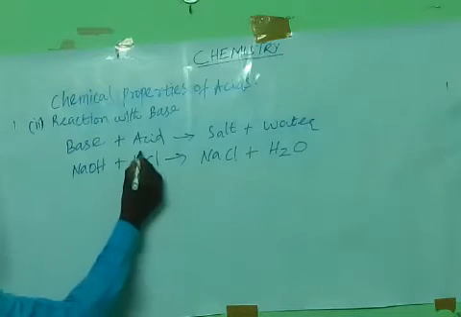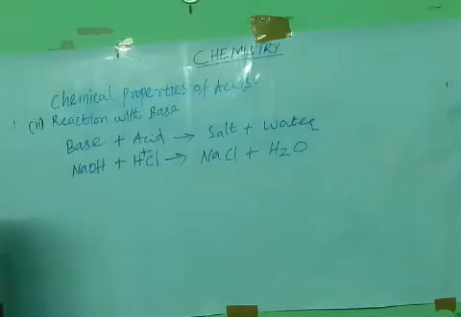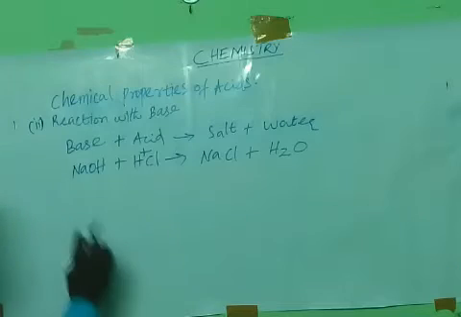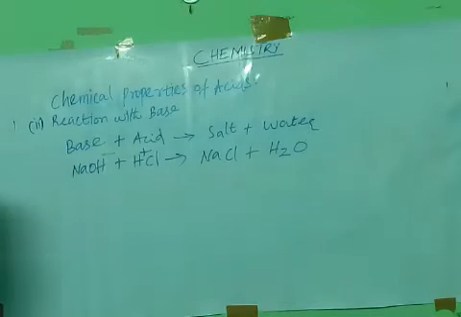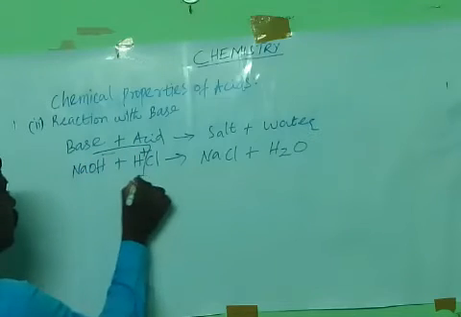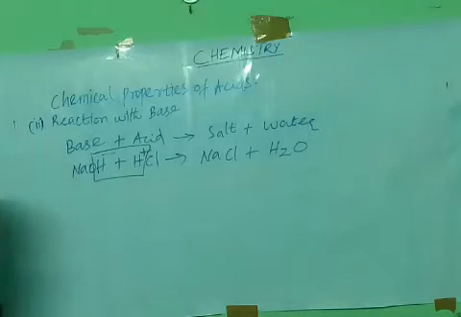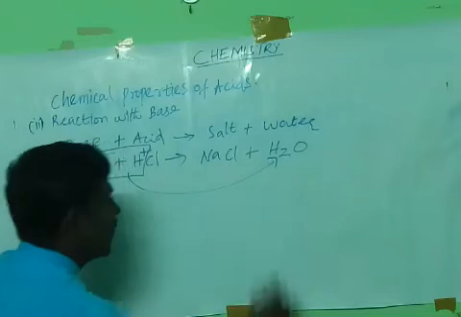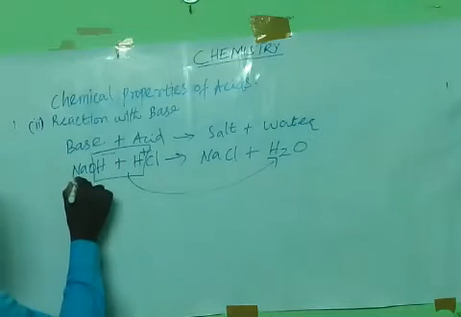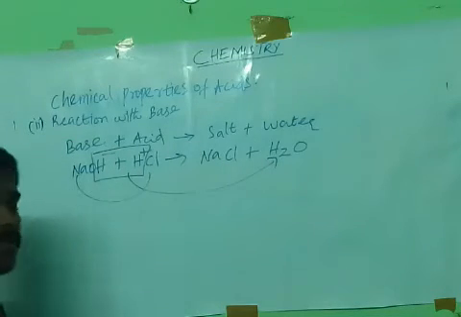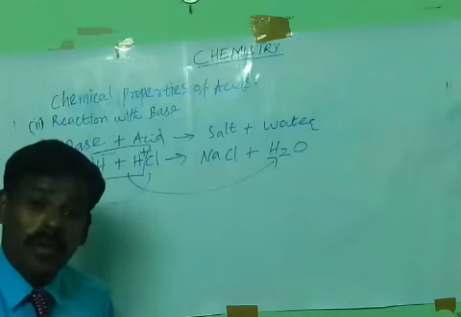Here you see H plus, acid forms H plus ion, bases produce hydroxide ions. When these two cancel each other, it forms water. So remaining we have sodium and chloride, that forms as sodium chloride.